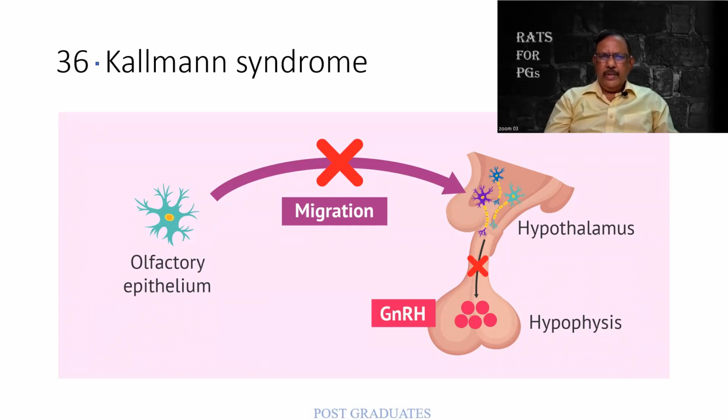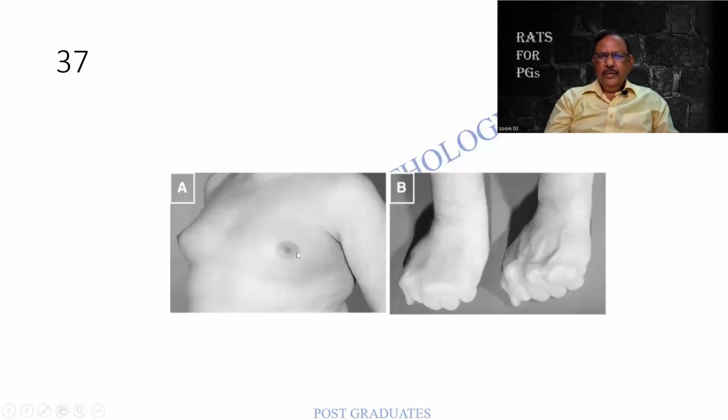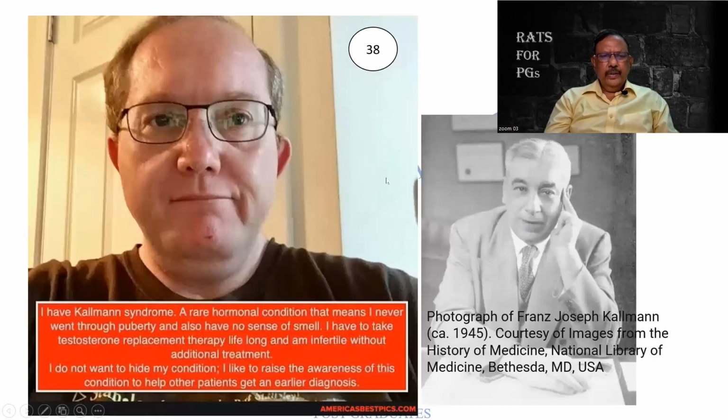This is called the Kallmann syndrome. There can be gynecomastia, and then there can be the clenching of the fist that can be present. And this gentleman was very generous enough to declare. This is the declaration given by him as a Kallmann syndrome, and this is a neurologist who has identified it.